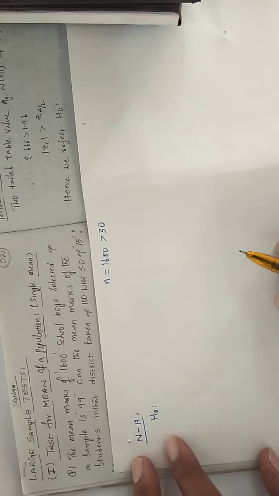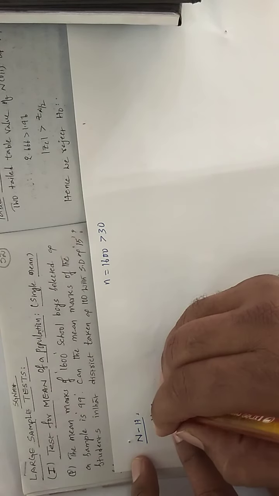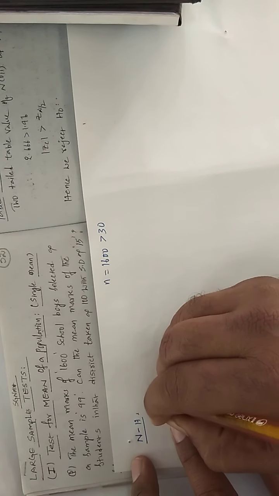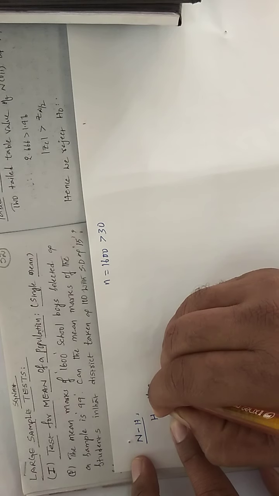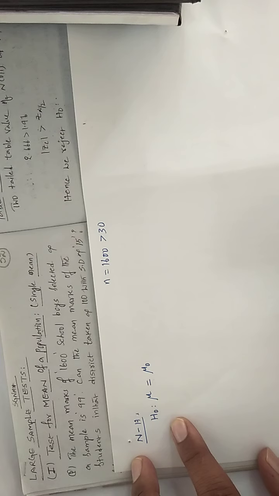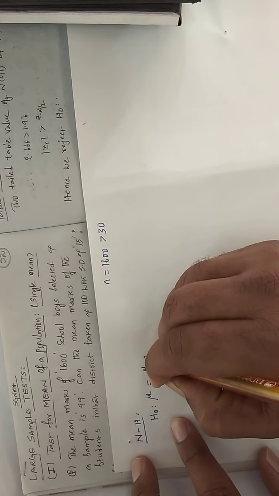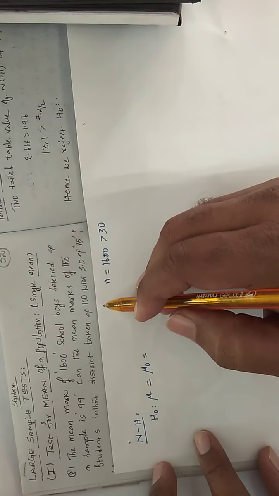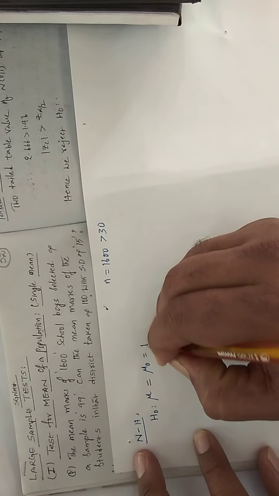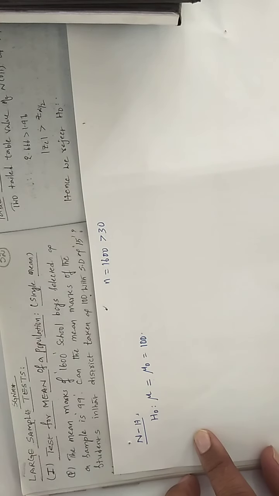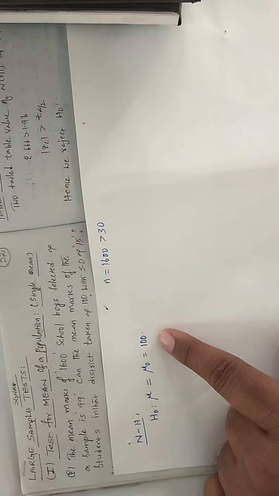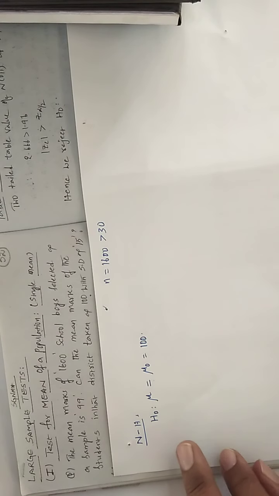H naught: from the theory of test for single mean, we write mu equal to any given value mu naught. What is the given value mu naught here? It is 100. So for this entire population, the entire district mean marks is 100. We need to test whether this is correct or not.